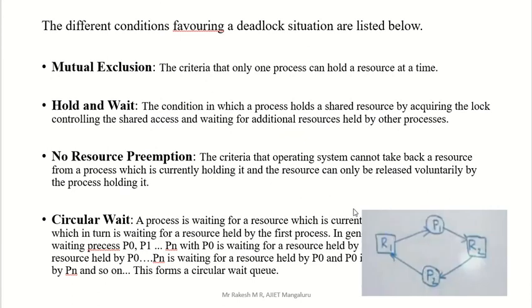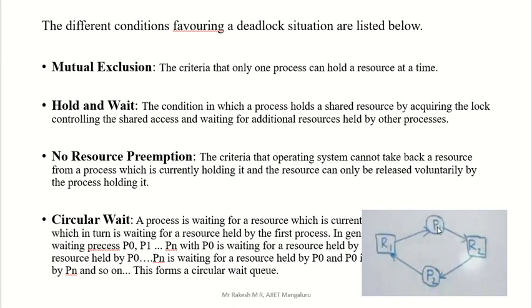Let us see this diagram. Here we have P1 and P2, two processes, and two resources, R1 and R2. You can see the arrow marks. P1 is waiting for R2.